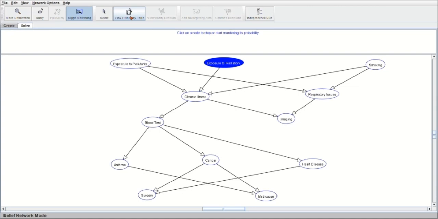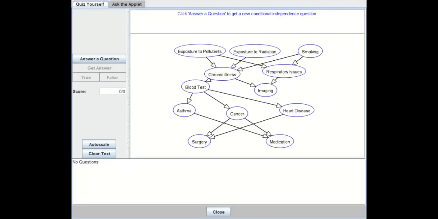Now let us see the independence quiz, to check whether whatever we had assumed is correct or not. There is an option where we can check. Using this independence quiz section, we are going to test our network.